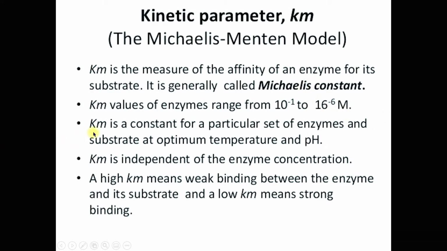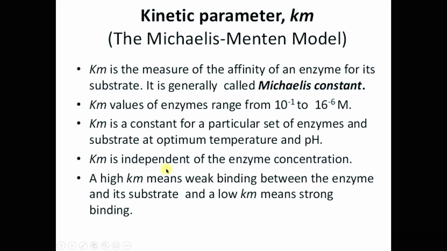Km is a constant for a particular set of enzyme and substrate at optimum temperature and pH. So in one enzymatic reaction, the temperature and pH must be set as constant variables, at the optimum temperature and optimum pH for that enzyme to operate.